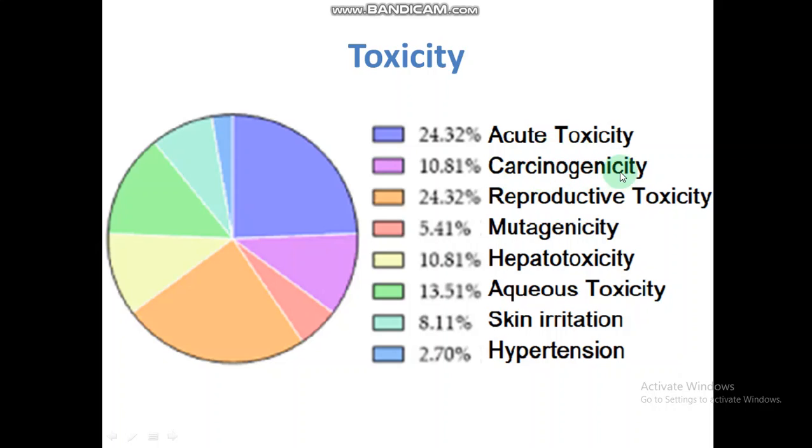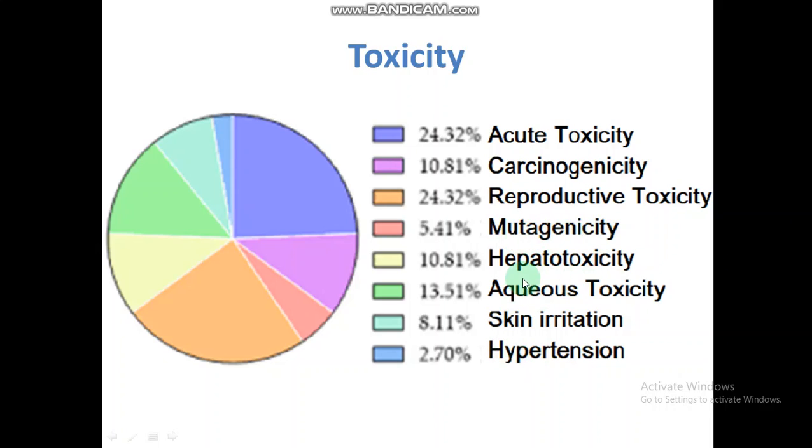Carcinogenicity is the second factor that we observe: whether our medicine is cancer causing or not. Third is reproductive toxicity. We observe whether it will affect our reproductive system or not. Mutagenicity: whether the drug will cause mutation in our body, like in our DNA or RNA, or it is non-mutagenic. We also observe that.